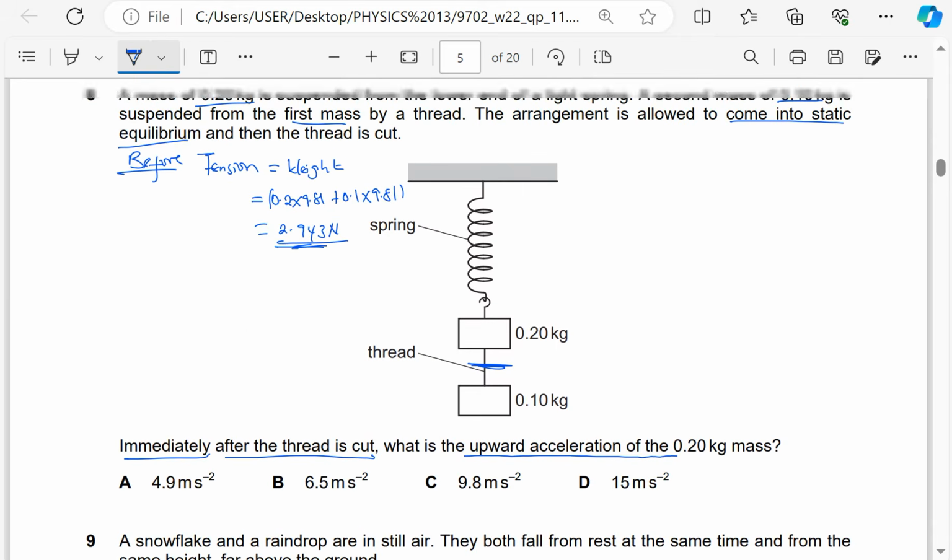So the immediate F is going to be 2.943 newtons. That is the immediate F. But remember, this is going to be equal to mass times acceleration, and the only mass which we are considering here is now going to be 0.2.